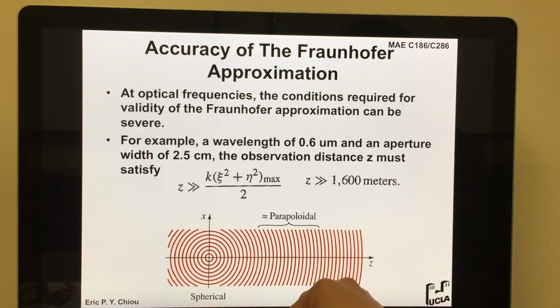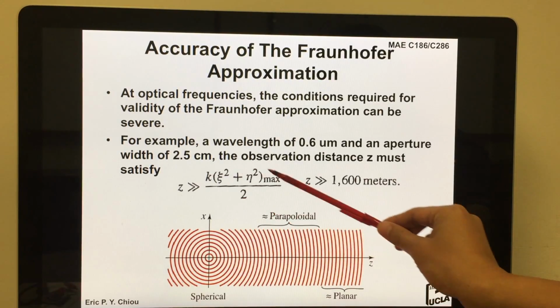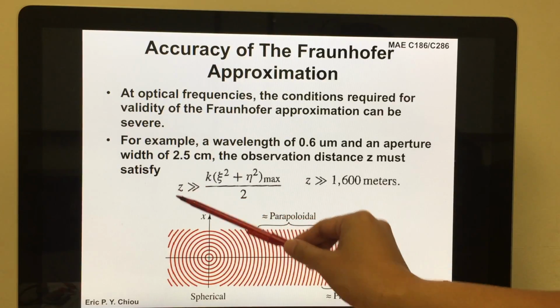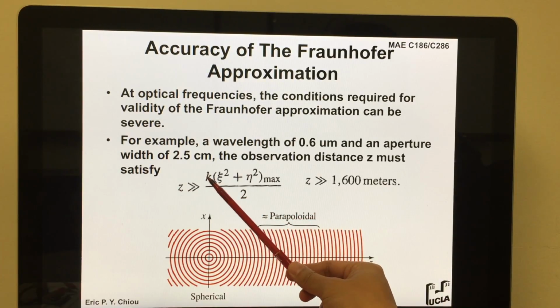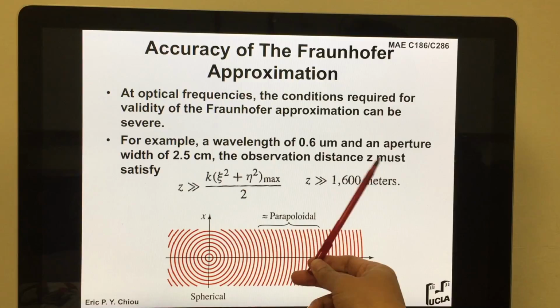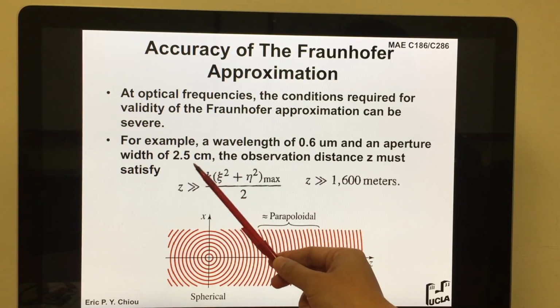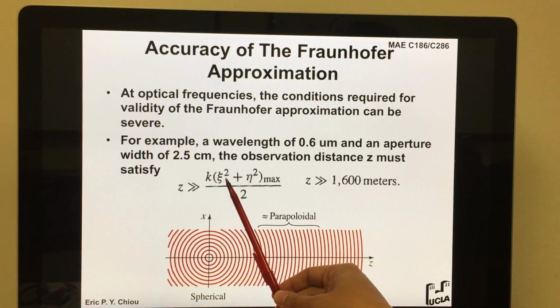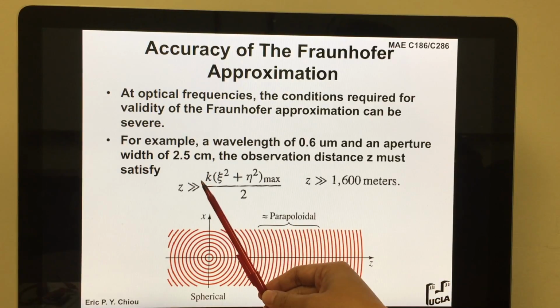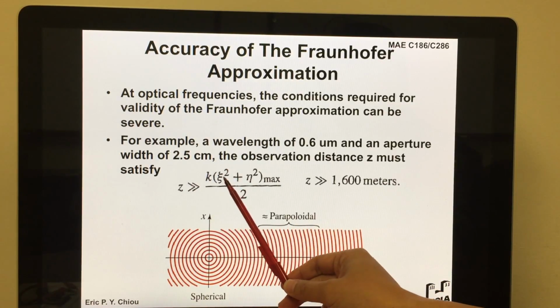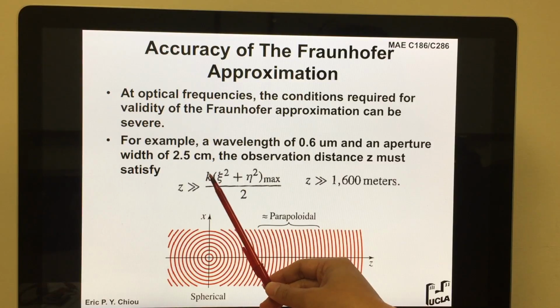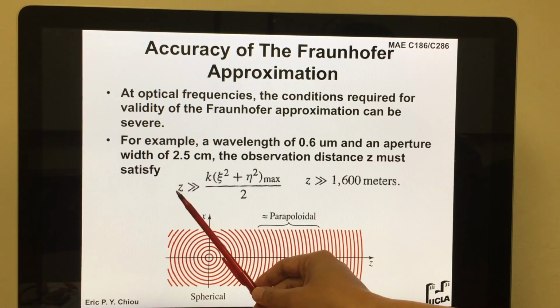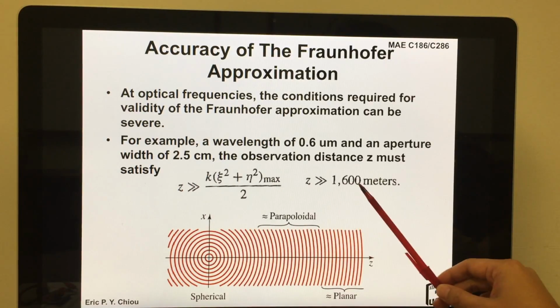This term needs to be much smaller than z, because k is very big. Let's say you have an aperture width, because zeta and eta is the size of the object, of 2.5 centimeters. After you multiply it with a very large k factor, you can end up with a super long distance.